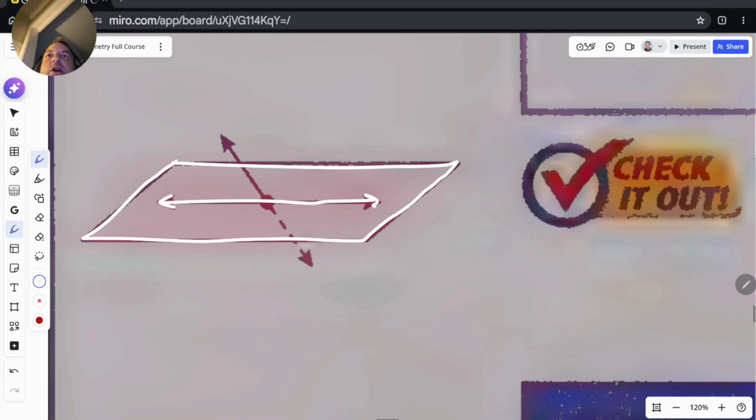Then we can draw a second line that goes up, out of the plane, and down through it, crossing the first line at one point. We'll also put two arrows on both ends of the second line. There's that one. So the two lines cross at one point inside the plane, but only the horizontal one stays flat on the plane.